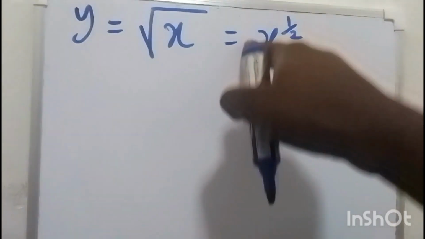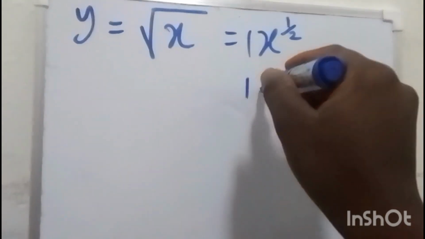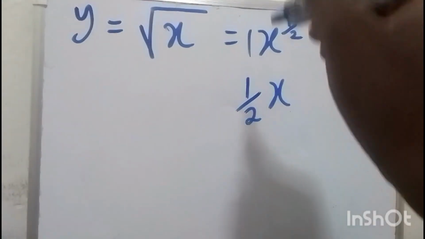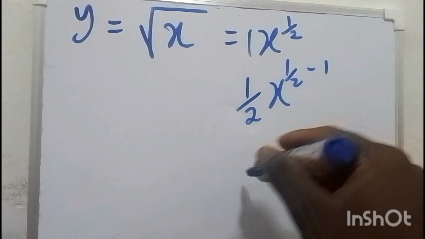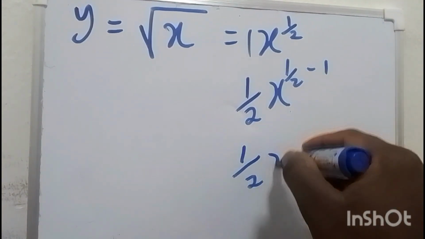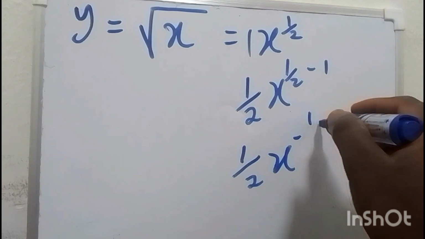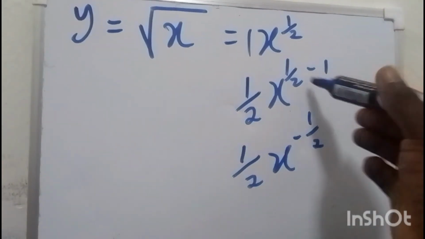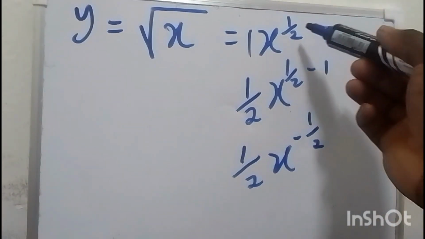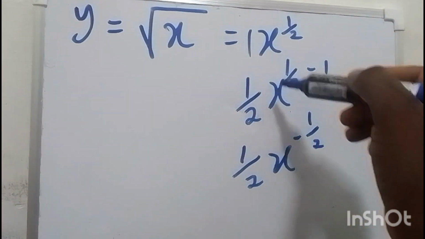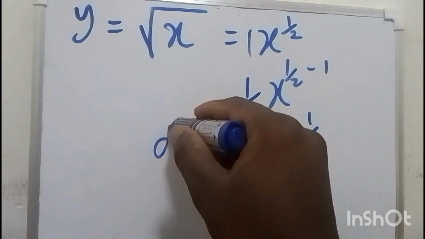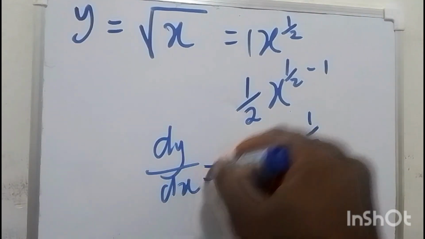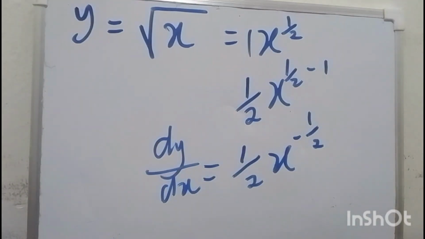We say 1 over 2 multiply the same one here, which equals 1 over 2 x, and 1 over 2 minus 1. So the given answer gives us 1 over 2 x power negative 1 over 2. If you press the calculator, this is what you're going to get. Half multiply 1, which is half x, 1 over 2 minus 1, which is negative 1 over 2. With this, you can always write your dy dx.